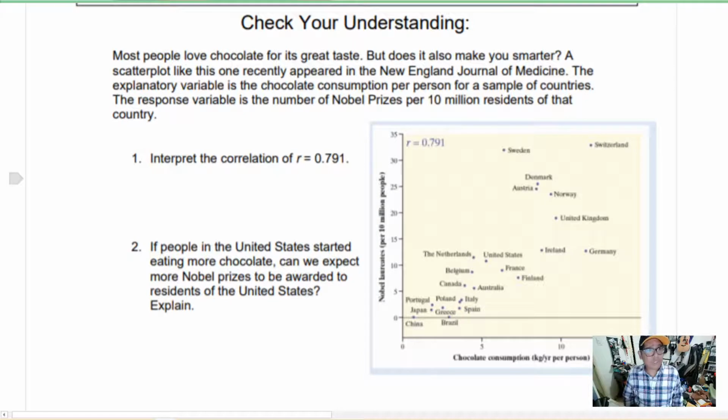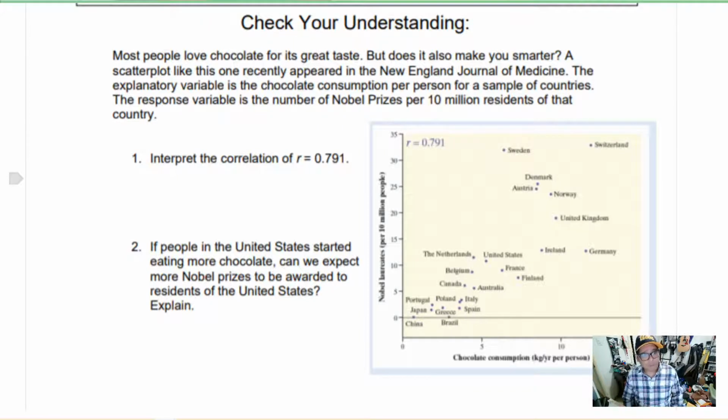Most people love chocolate for its great taste, but does it make you smarter? A scatter plot like this one recently appeared in the New England Journal of Medicine. The explanatory variable is chocolate consumption per person for a sample of countries. The response variable is the number of Nobel Prizes per 10 million residents of that country.